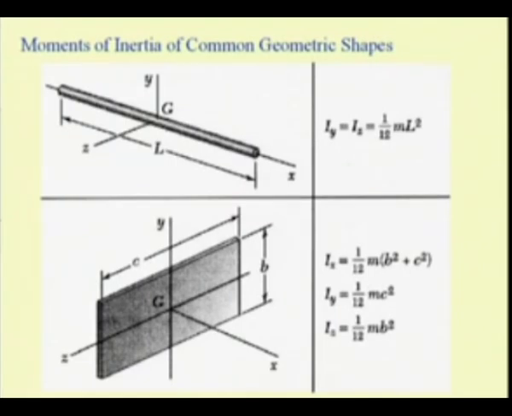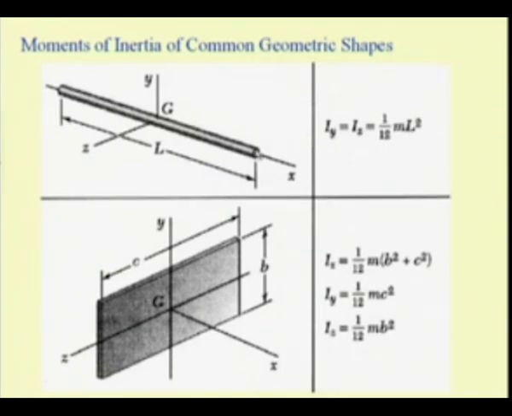So, let us see some common geometric shapes, like here we see a shaft element or a rod element. The second moment of this element with respect to the y axis and the z axis is the same, and it is equal to 1 by 12th of mass times length square.